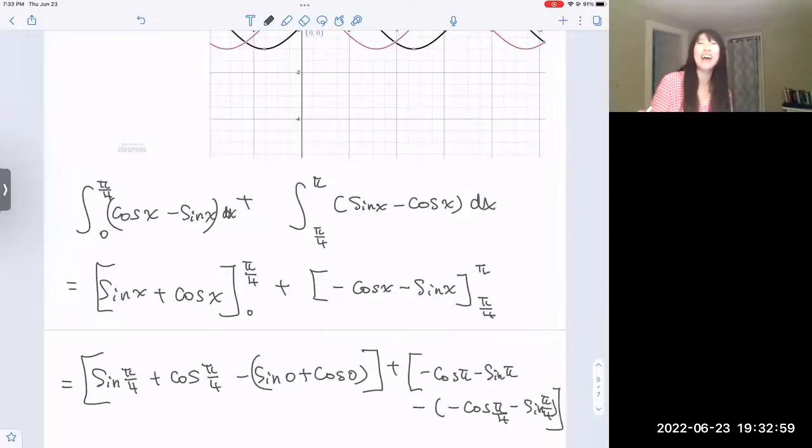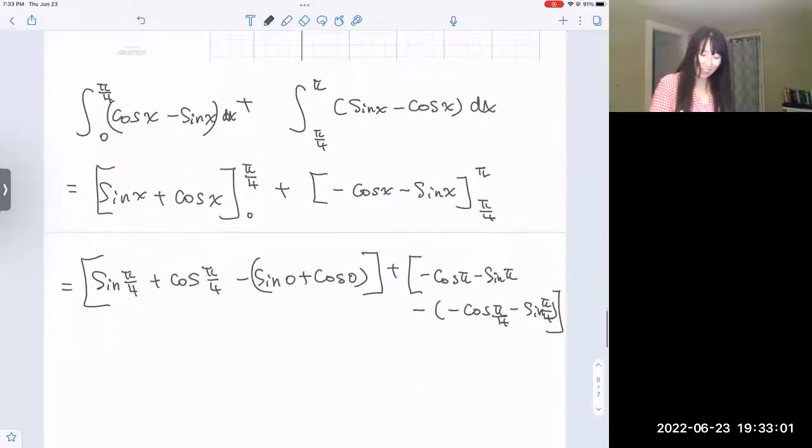All right. Sine pi over 4, what do you have? Square root 2 over 2. And cosine pi over 4? Same, square root 2 over 2. And sine 0? 0. Cosine 0? 1, but we have a negative 1, right?